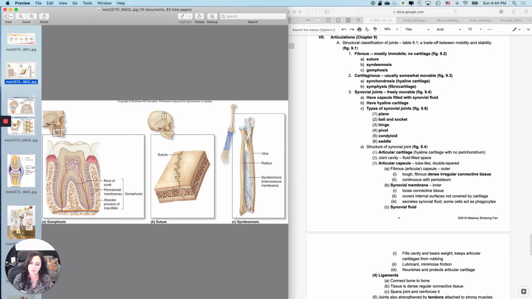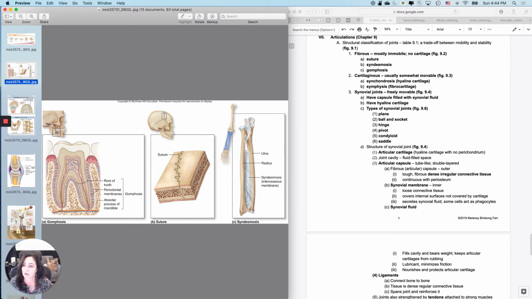And then this one's kind of strange. The radius and the ulna have between them what we call an interosseous membrane. It's basically some dense connective tissue that keeps them the same space apart from one another, but it's not cartilaginous. So they can kind of rotate around one another, but they don't have much wiggle other than that. So those three are all fibrous joints: just bone, connective tissue, usually ligament, and then bone.